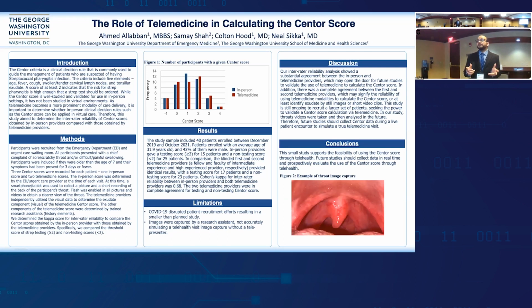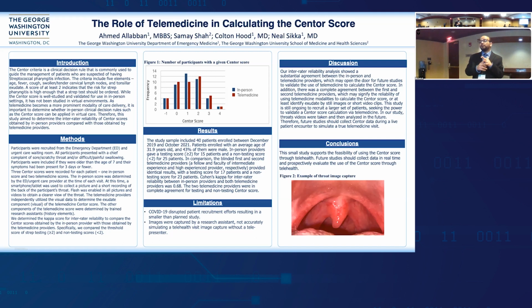Then an in-person physician decided on the Centor score for the in-person evaluation. Just before this study, we trained the research assistants on how to examine the anterior neck lymph nodes and how to visualize and capture images of the throats.